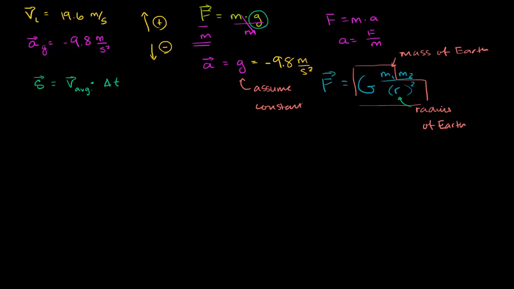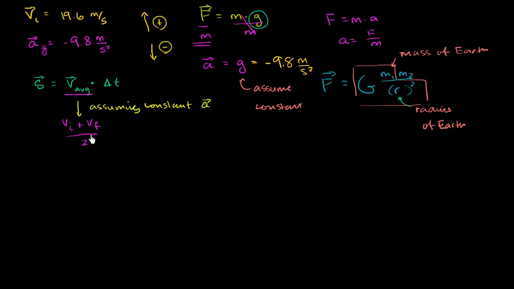But we know that average velocity is the same thing as initial velocity plus final velocity over 2 if we assume constant acceleration. And once again, when we're dealing not too far from the surface of the Earth, we can make that assumption, assuming we have a constant acceleration.